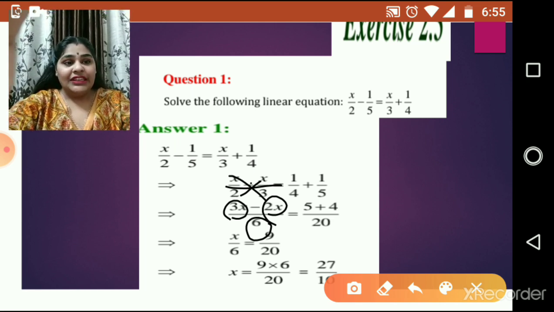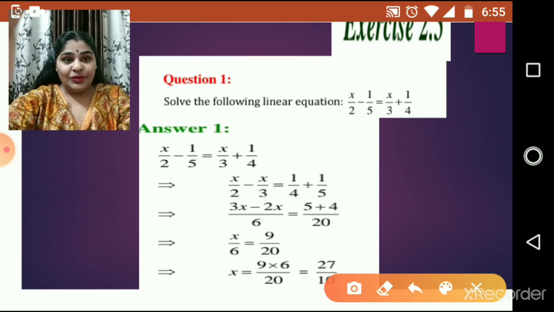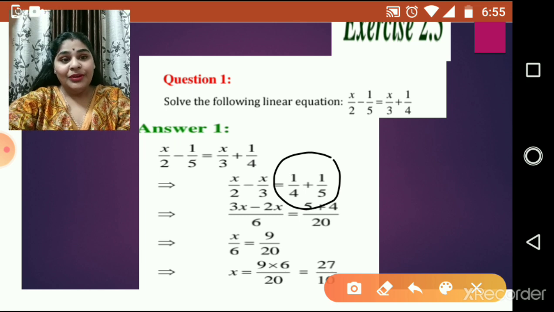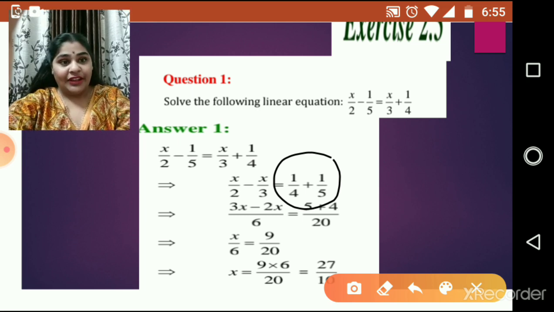So this will be equal to 3x minus 2x upon 6 is equal to, now again on the right hand side we have to take the LCM or do the cross multiplication and make the denominators the same, that is convert it into like fractions.